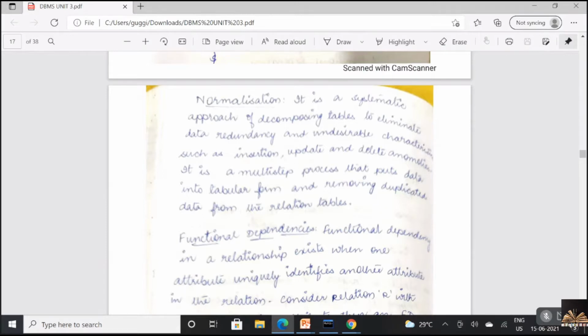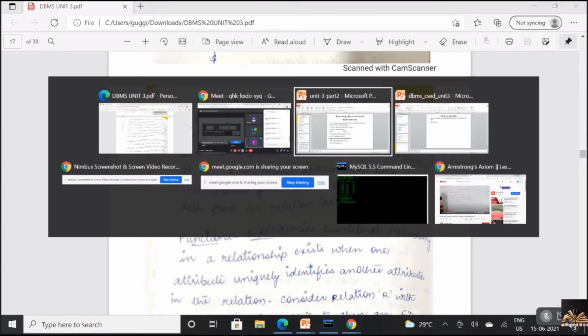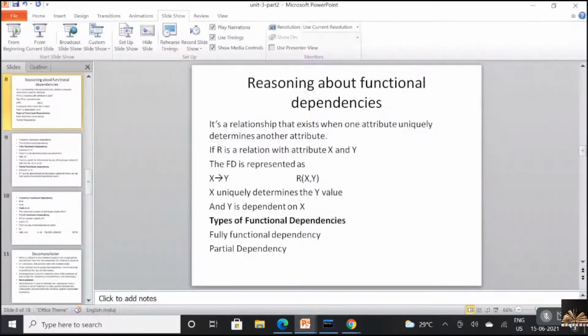It is a multi-step process that puts data into tabular form and removes duplicates from the relational tables. So this is the definition of normalization.